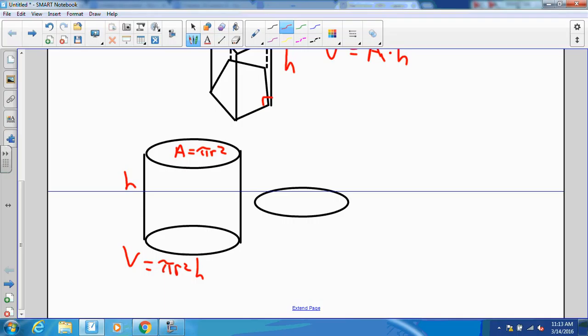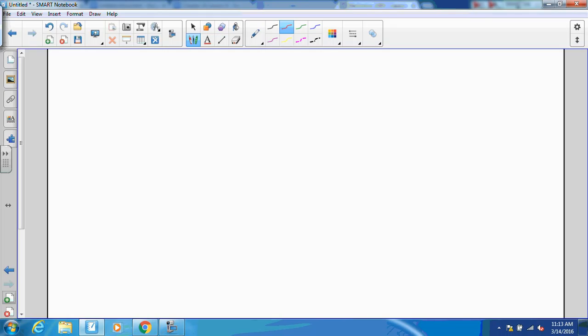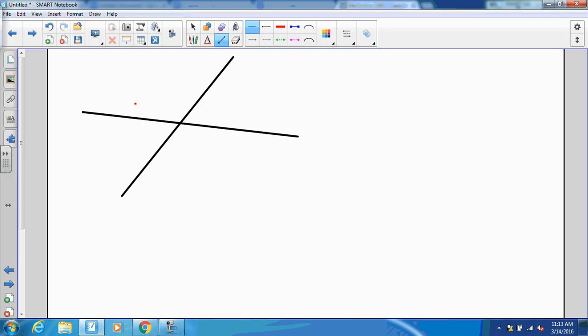It's really that simple. Now on your notes there, I show you a particular solid that is not a prism, but it looks very similar to a prism. And so I'm going to try to draw that like it is in the notes.